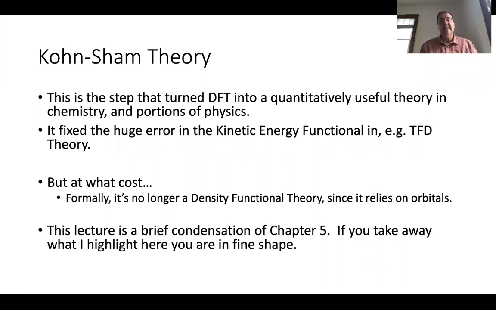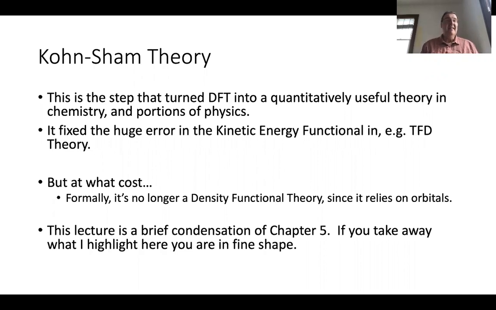And he is the progenitor of modern density functional theory. He's not responsible for many of the current functionals we use, but the combination of Hohenberg-Kohn 1 and 2, which put density functional theory on a firm theoretical foundation, and Kohn-Sham, which we're going to talk about today, which turned it into an accurate theory, were the difference makers.